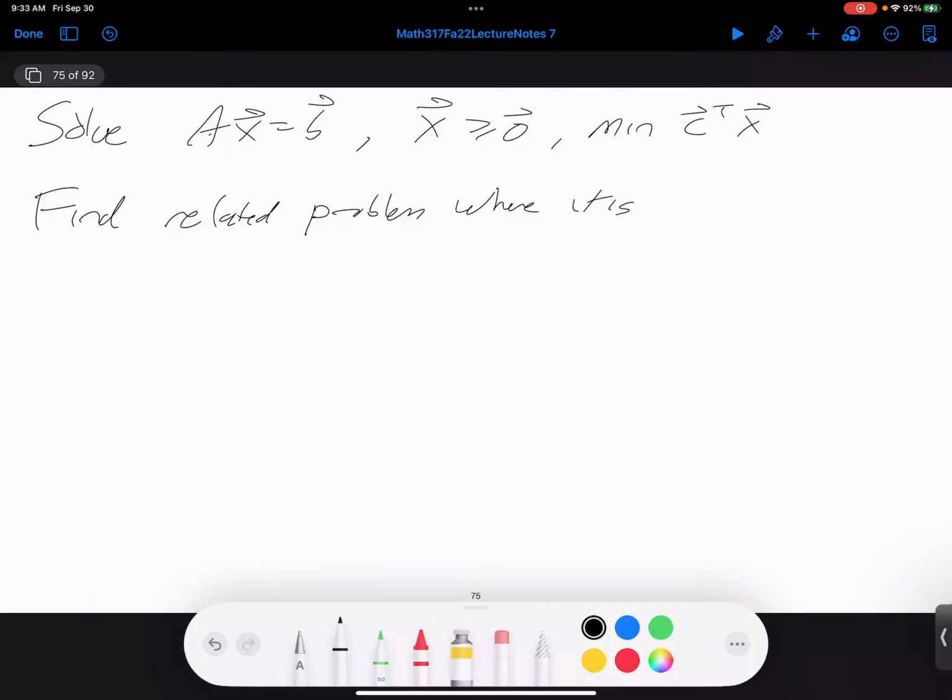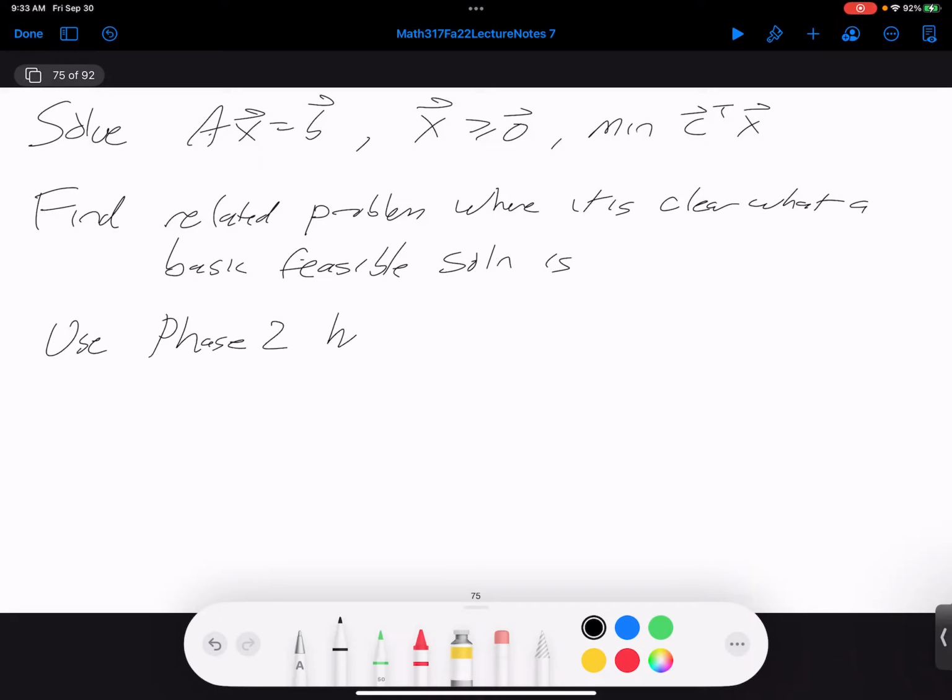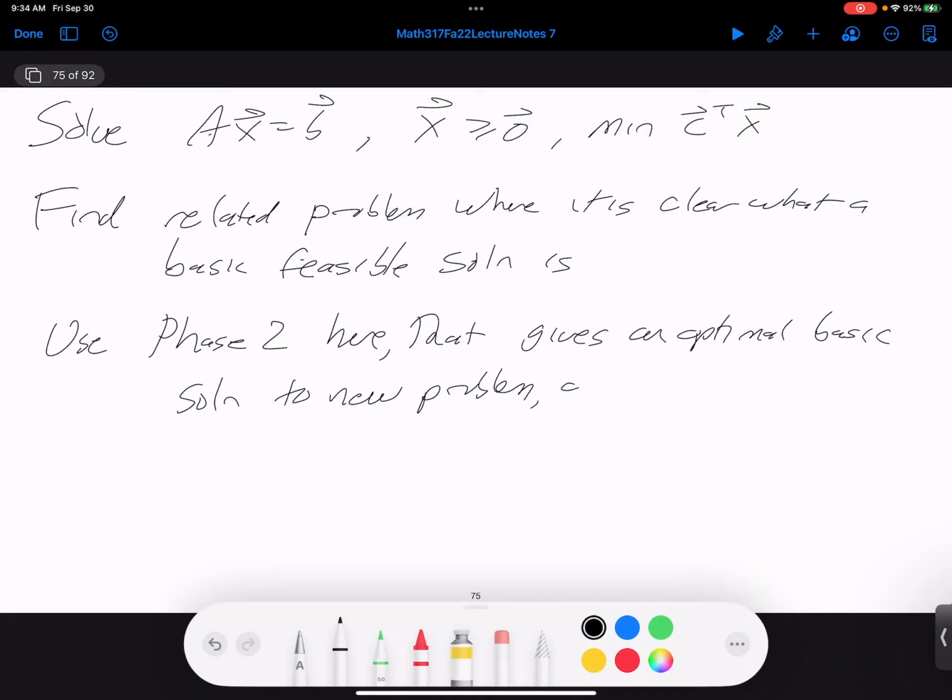where it is clear what a basic feasible solution is. Then use phase 2 here. That gives an optimal basic solution to the new problem, or shows none exist.